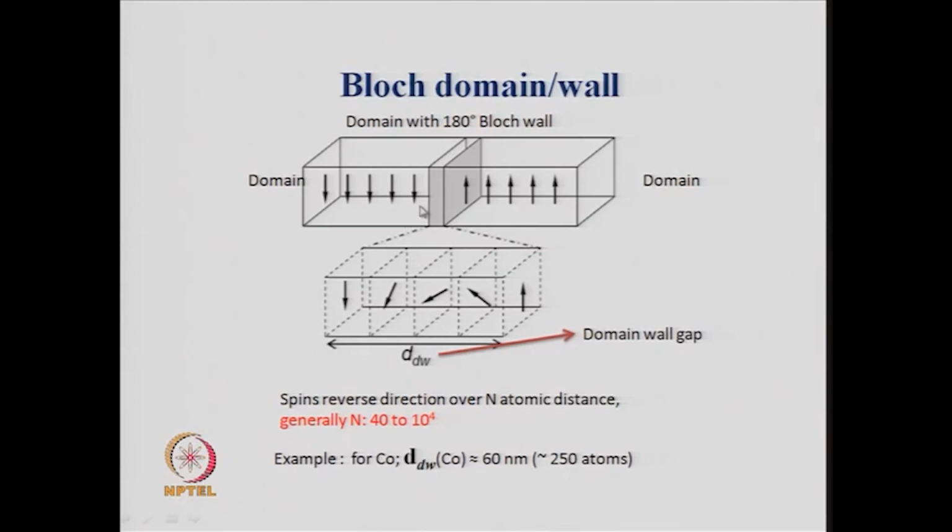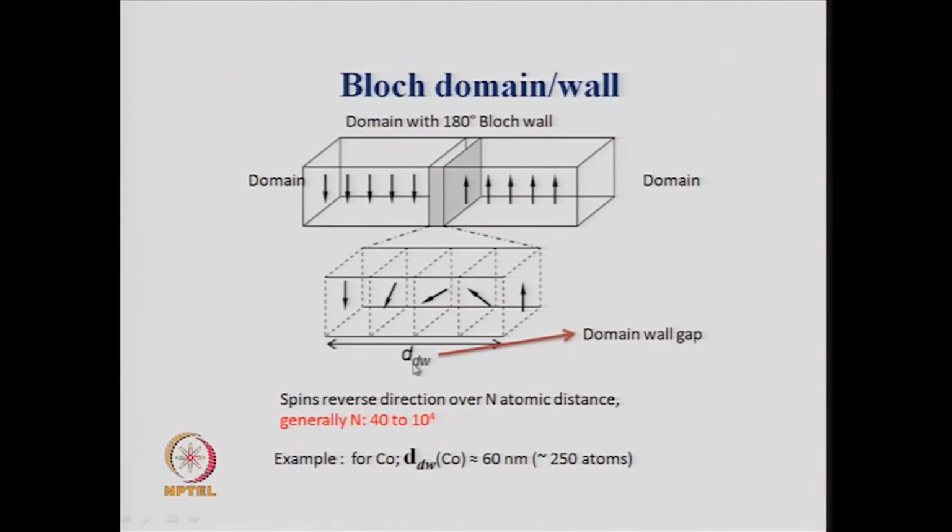And so, within this 60 nanometers or within these 250 atoms, the magnetization changes gradually its direction, such that it rotates the 180 degrees within this 60 nanometers. So, you will find the vectors undergoing a change in a gradual fashion, rotating from this direction to the upside direction through this 60 nanometer thickness.